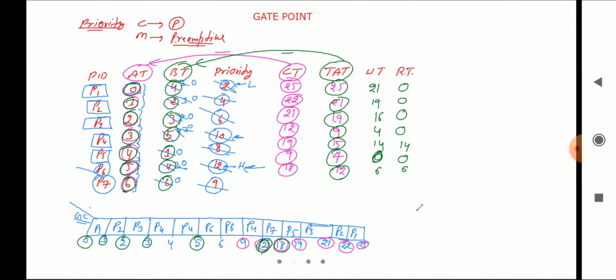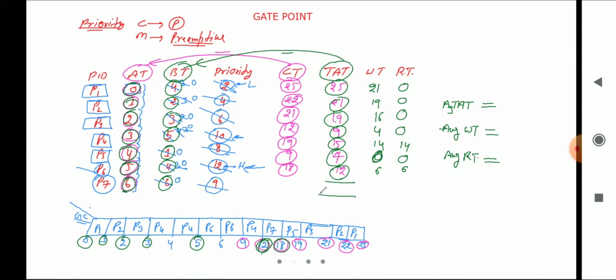Now the three things are remaining, that is the average turnaround time, average waiting time, and average response time. Now you can find these out. How? By adding these.